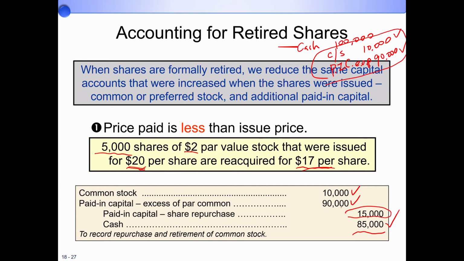But remember, we're dealing with the owner, not with our customers. When you talk about making profit, you talk about revenues, when we make money dealing with our customers. This is not customers. When we issue stock, we issue to our owners, the shareholders. When we purchase back the stock, we purchase back from the shareholders.